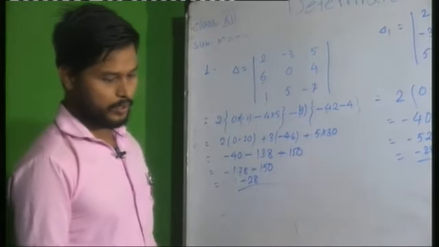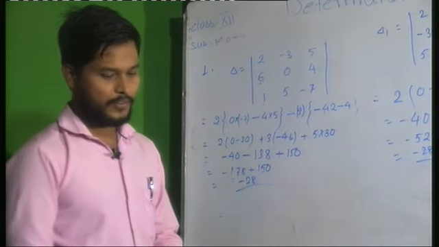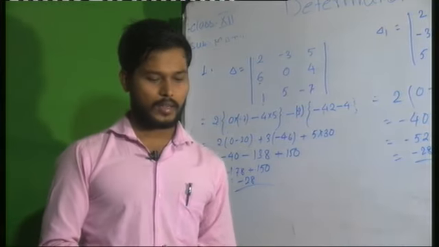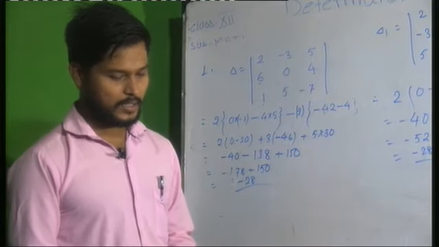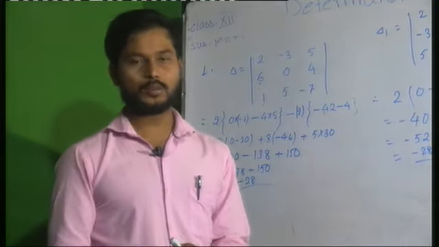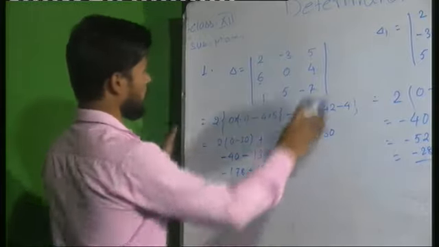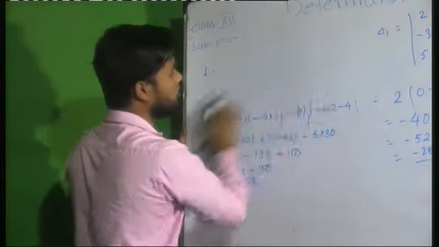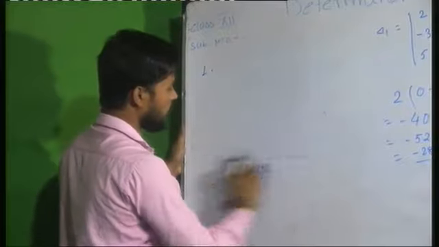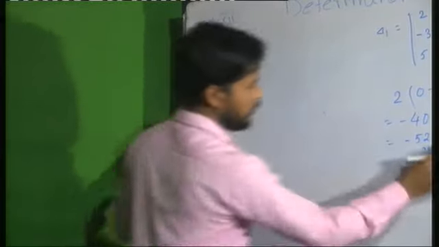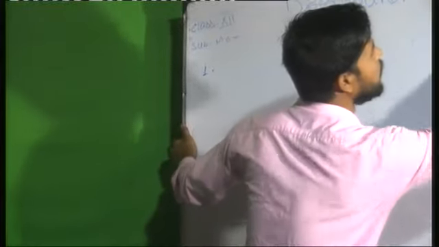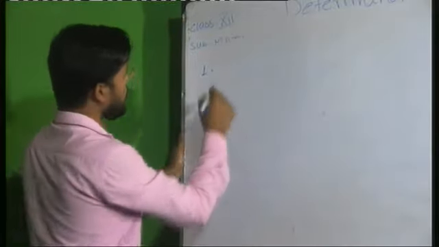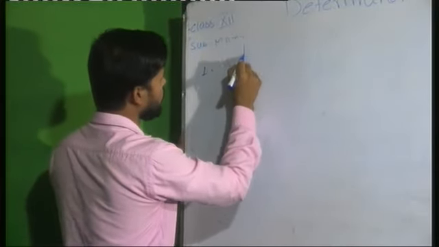Now property number 2 is if any two rows or any two columns are interchanged, then the sign of the determinant changes. Means if we change any two rows or any two columns, then the value of the determinant changes sign.